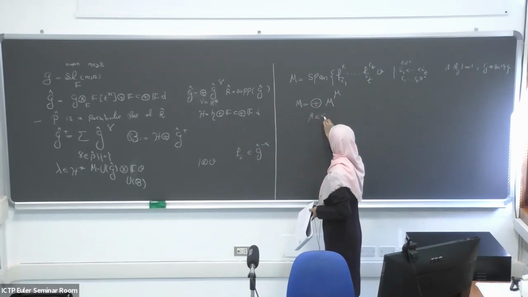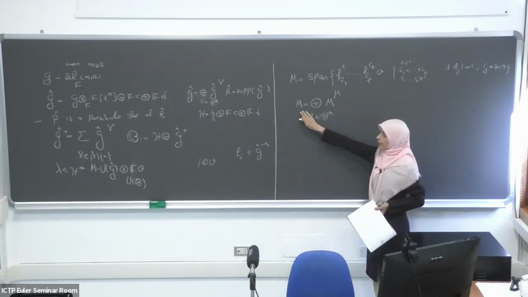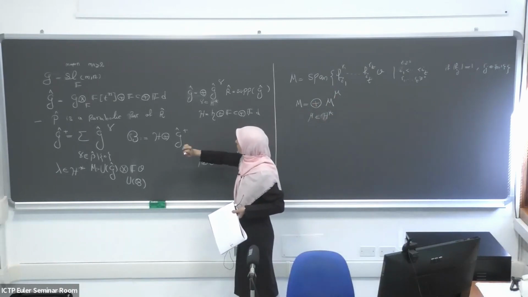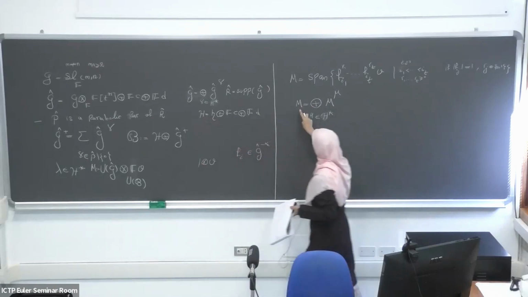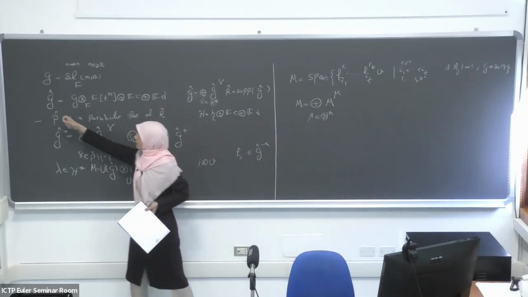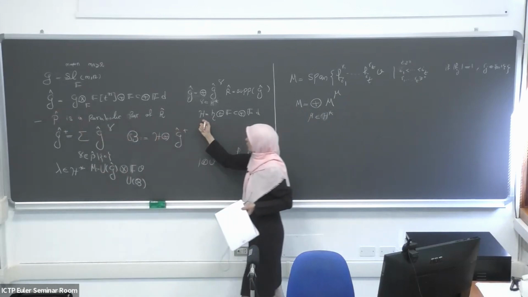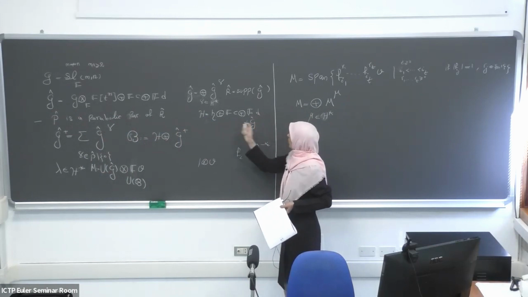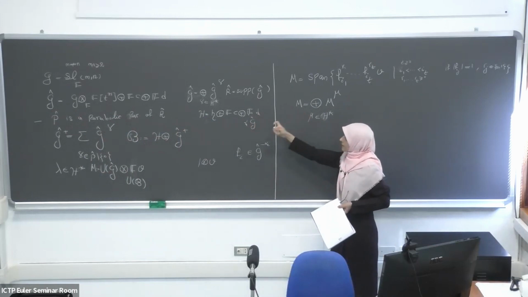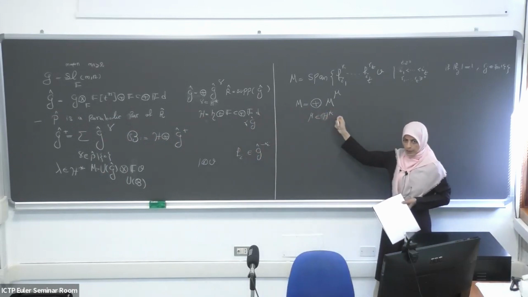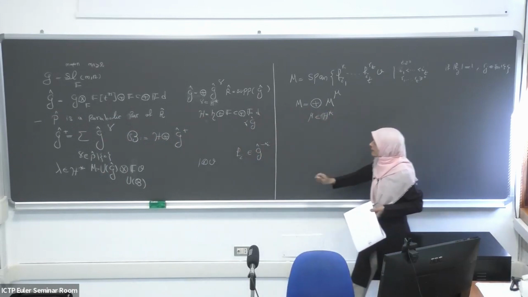We go back to H star. We prove that M has a weight space decomposition with respect to this H. Where is H? M is a UG hat module, so it is a G hat module. H is a subalgebra of G hat. So we can consider M as an H module, and as an H module, M has a weight space decomposition like this.